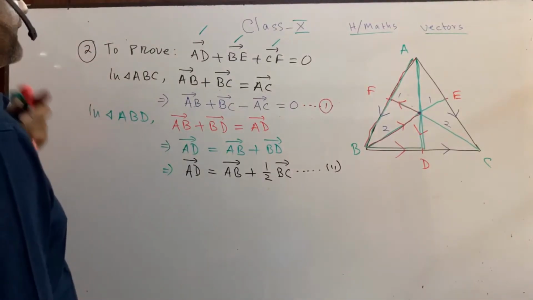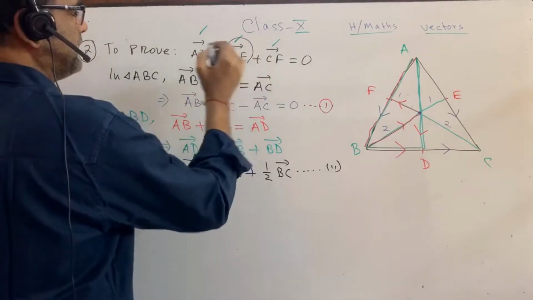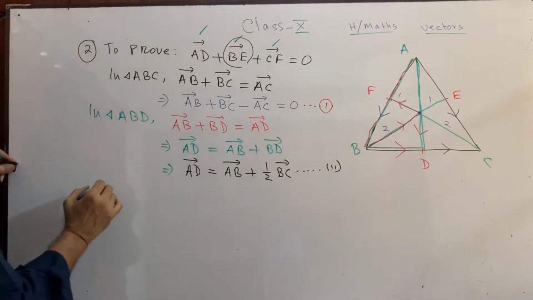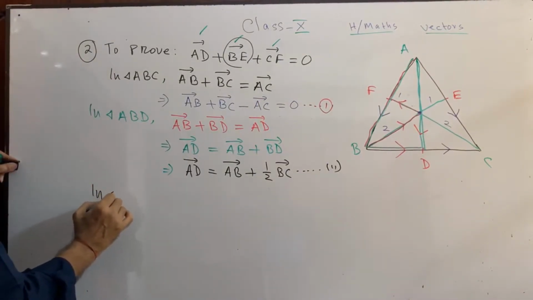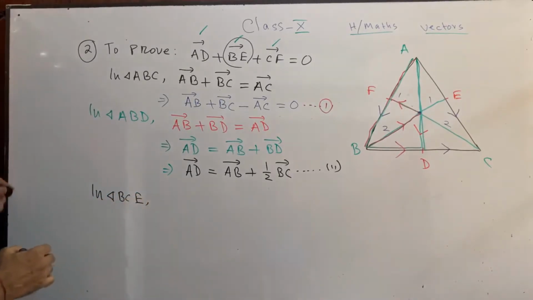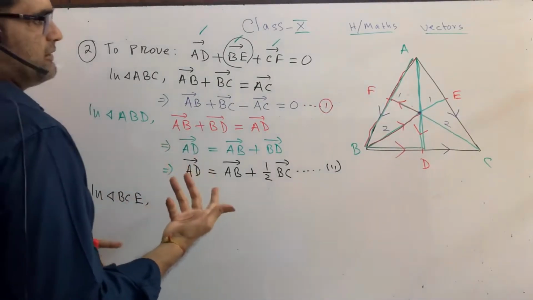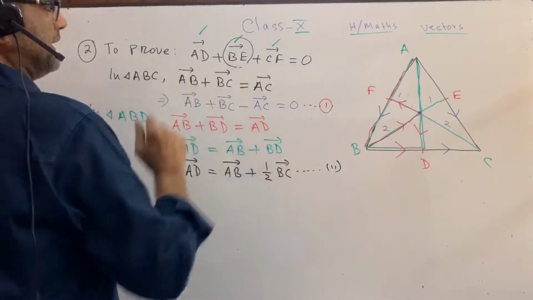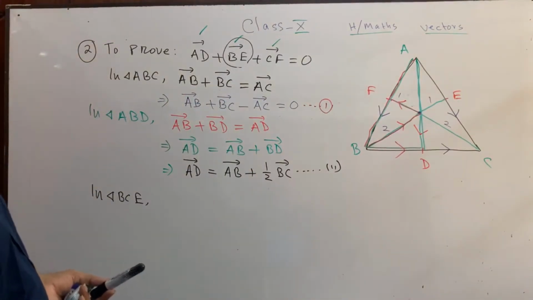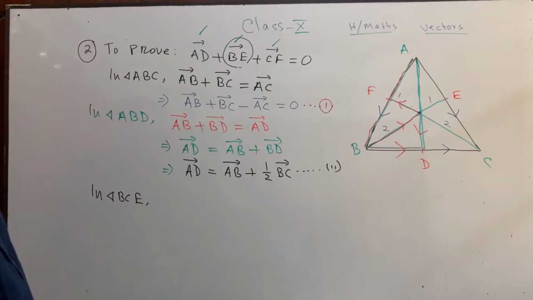Now you take a triangle where there is BE. Write down in triangle BCE. I told you you have to take a triangle where there is BE. We can take BCE or we can take ABE. Any of these two triangles can be considered.